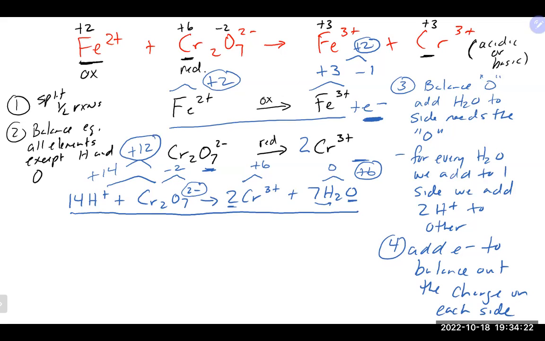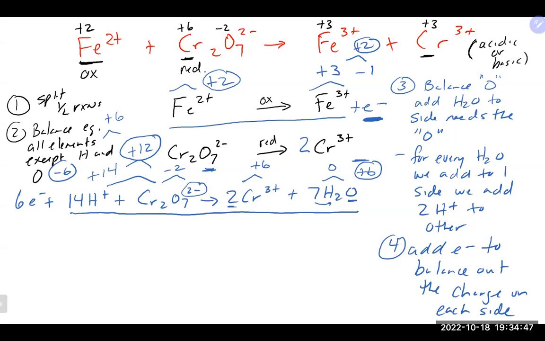The side that needs the negative is the left-hand side. And to get our +12 to +6, I need 6 electrons to do so. 6 electrons gives me a -6, and a +12 is a +6 on both sides at this point. Any questions on that there?